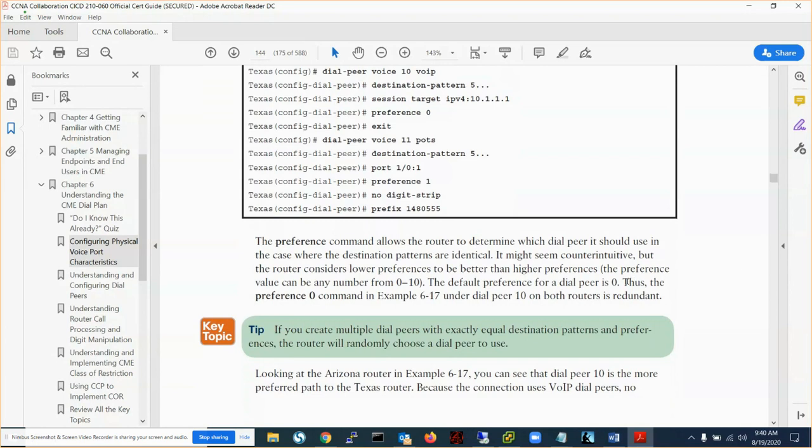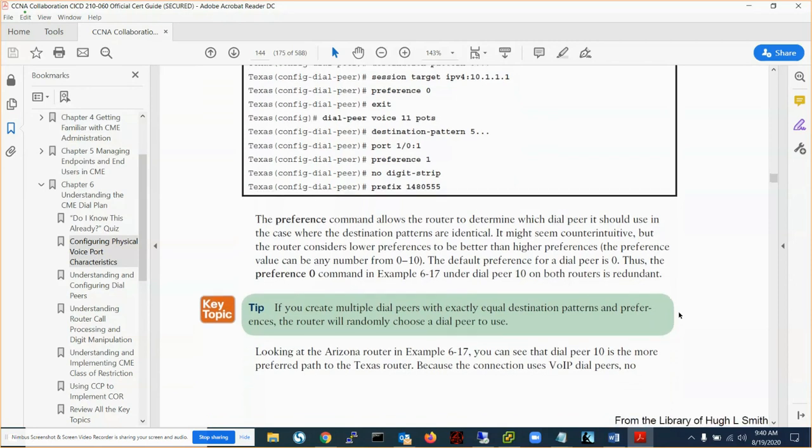Right, and then they were just repeating what I say here. The preference 0 command in the example on dial pair 10 on both routers is redundant. So they just put it in for that. The router chooses the better one.